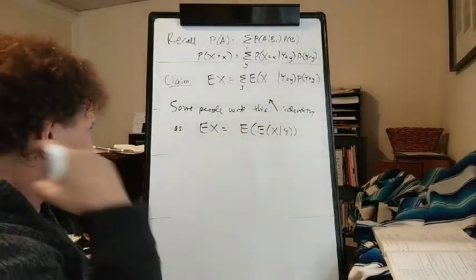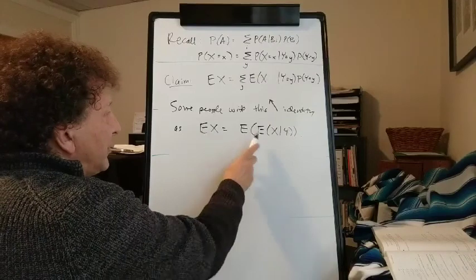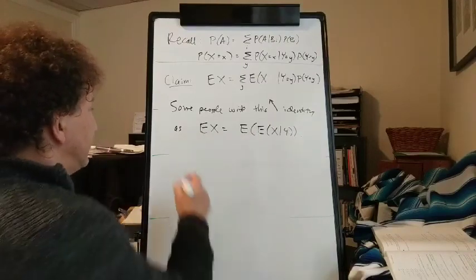You'll see this in all the books, but I think it's unhelpful because every one of these expected values means something different.